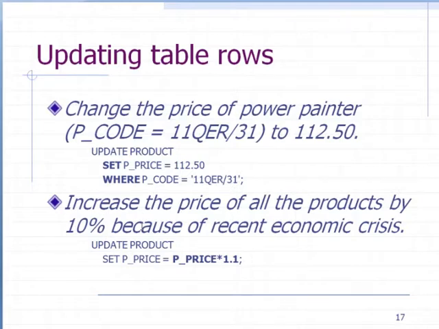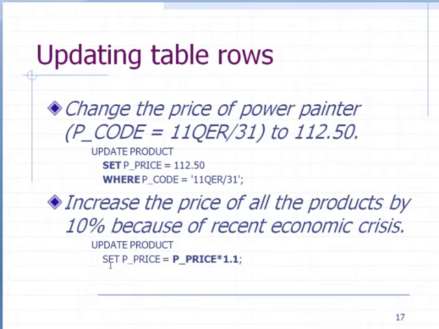Another example is if you want to increase the price of all products by 10%, how can you do that? In this case, there is no where condition because I want to apply this to all the products. So update the product without the where statement. Still, we want to change the value for the P price.